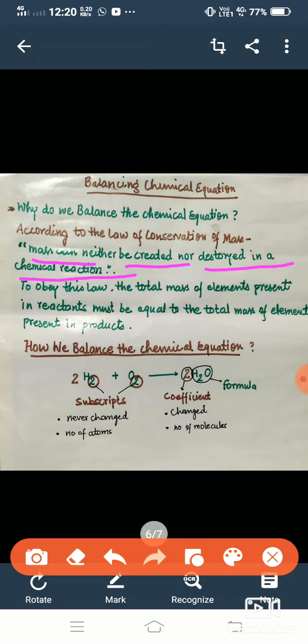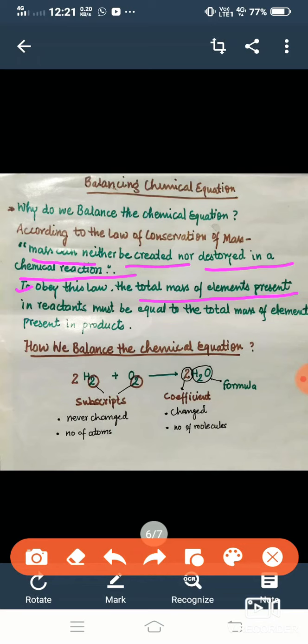It means mass is constant during a chemical reaction. So to obey this law, the total mass of elements present in the reactants must be equal to the mass of elements present in the products. So to obey the law of conservation of mass, we have to balance the chemical equation.